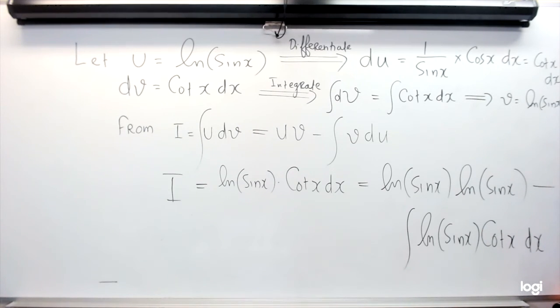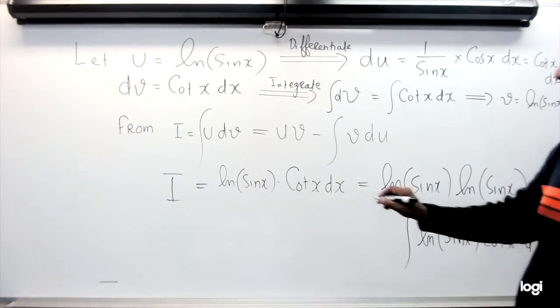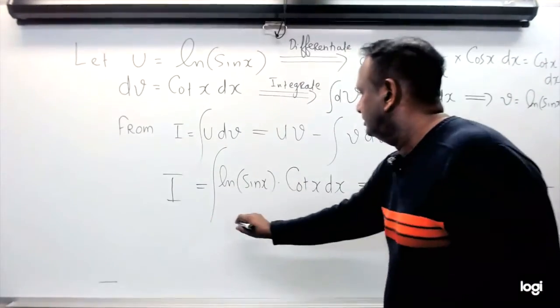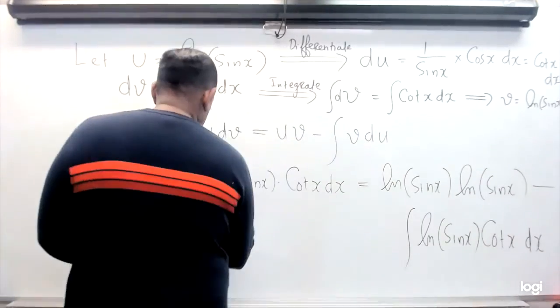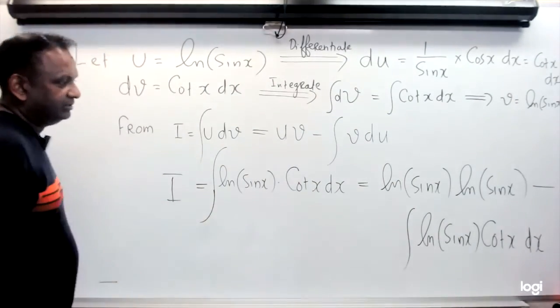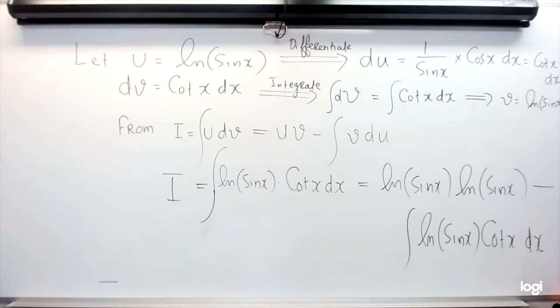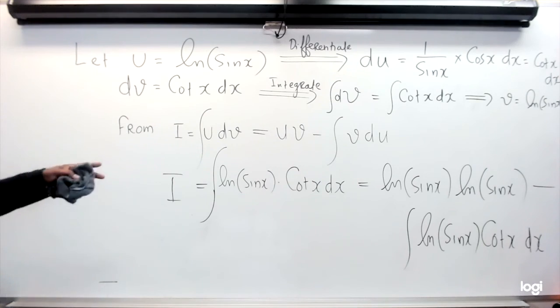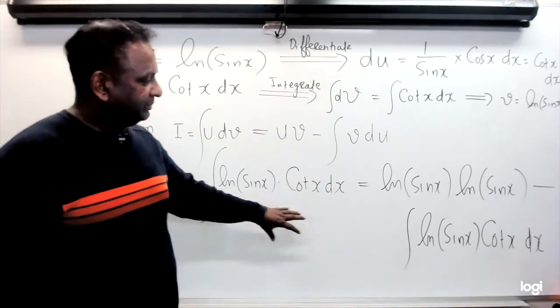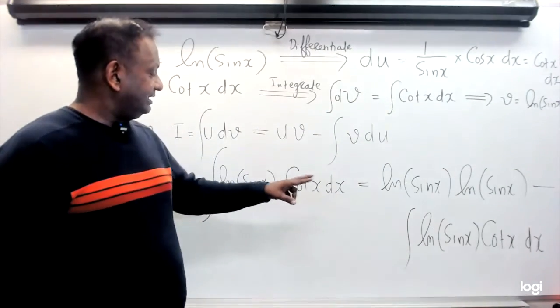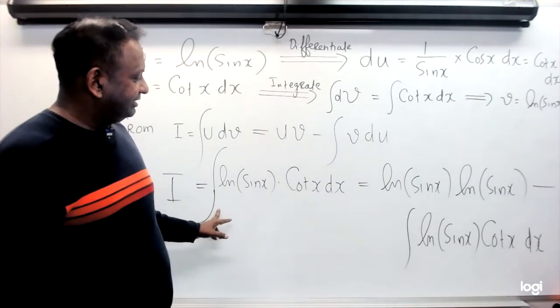Look at what happened. This is integral, okay. Sorry. See, I just plug in into the formula. Look at what happened. Trying to integrate, you're going to end up with an integral. But that integral is same as this previous integral.